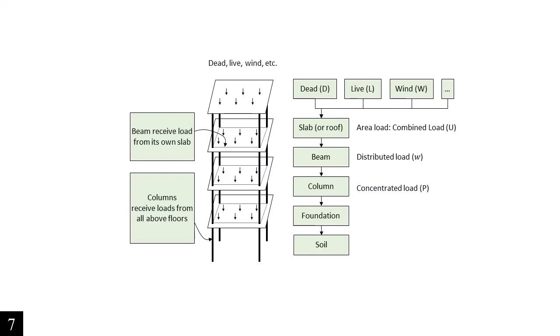However, the column will receive the combination of all of the beams and slabs above it. So you see over here, the column will receive the load from everything above it. For example, the column on the first floor will receive the load transferred from the slab of the first floor, the second floor, the third floor, and then the fourth floor.